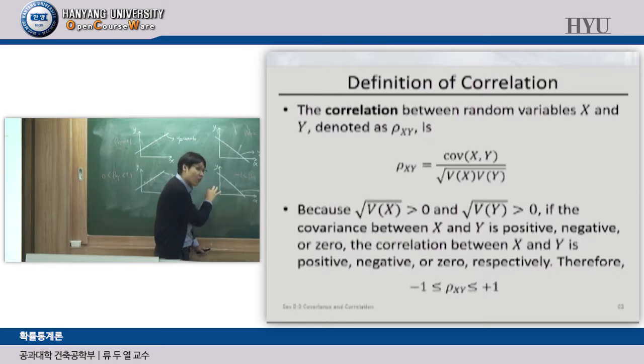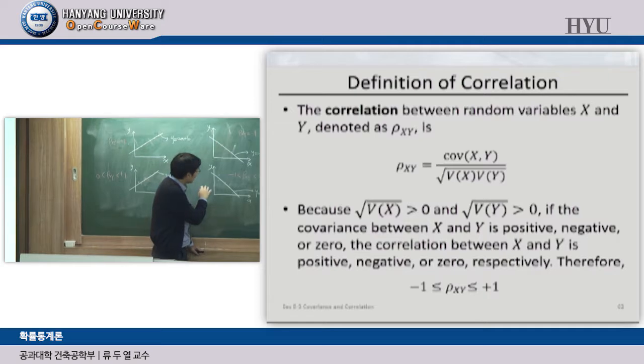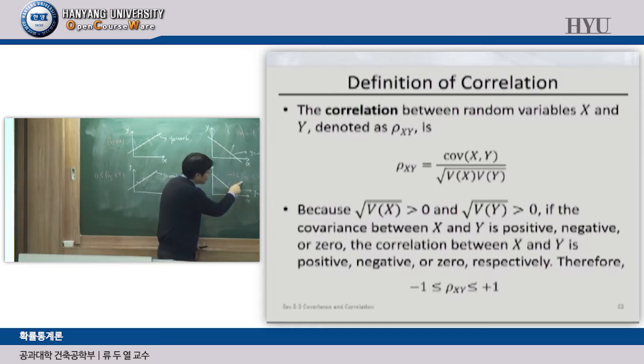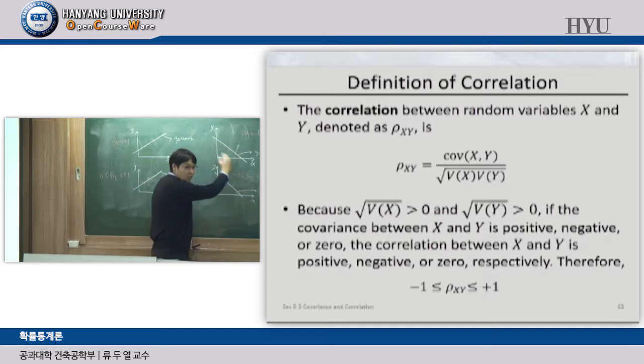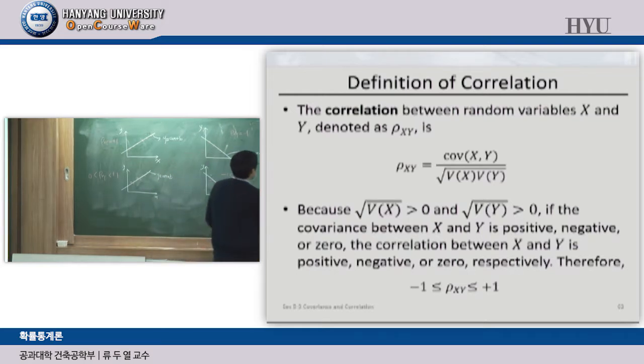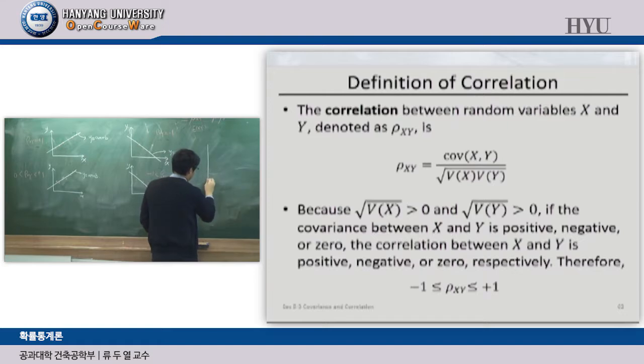They have a kind of relationship, but they have a negative direction in this case. So in this case, the rho xy is between -1 and 0. Okay? If the data points are exactly placed on this straight line, linear relationship, the rho xy is equal to -1. Okay? And what about this case? This is the x and this is the y.